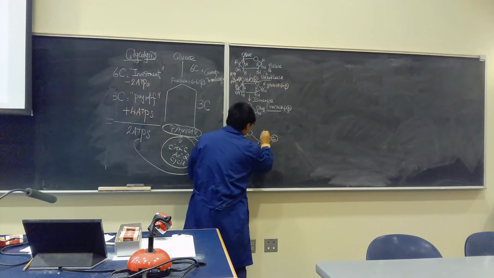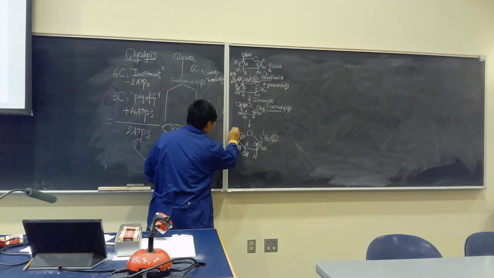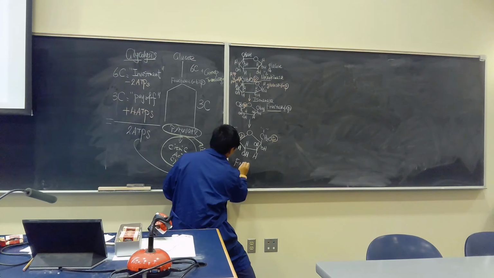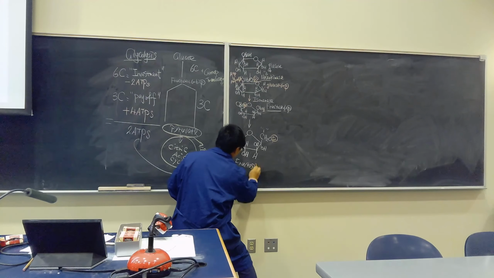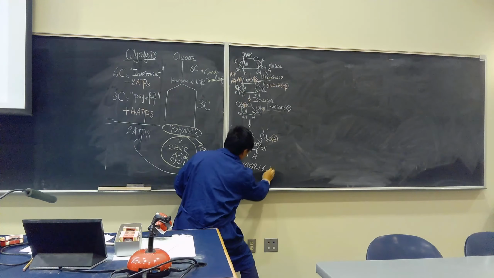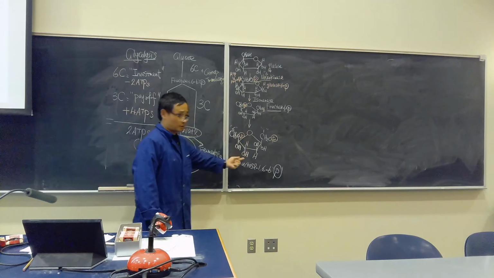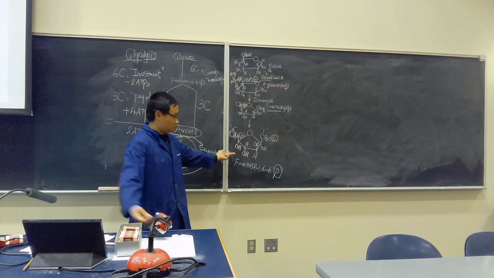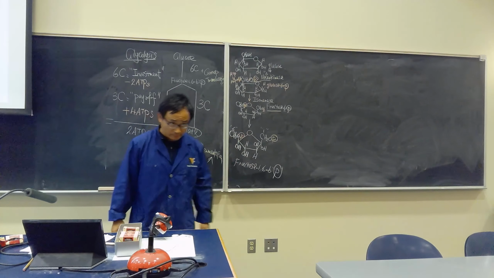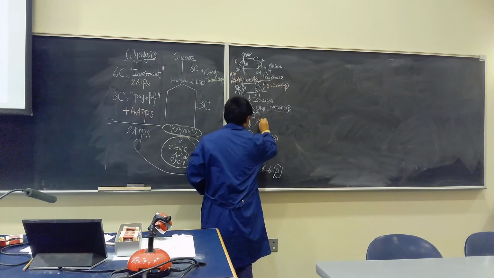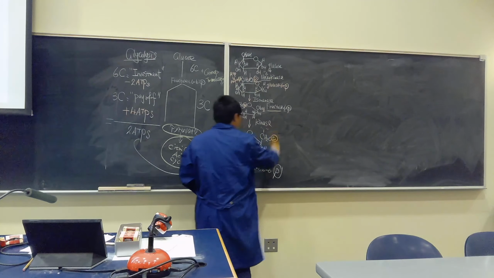This is carbon number 1. This is carbon number 6. So what is this? Fructose 1,6-bisphosphate. It's balanced. Then what's the name of the enzyme? Phosphofructokinase. That's easy.